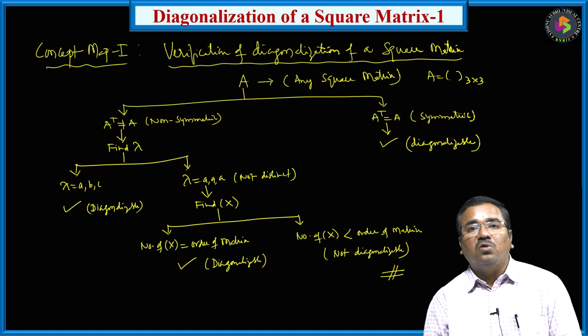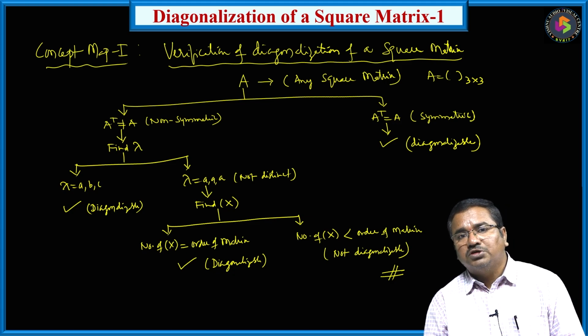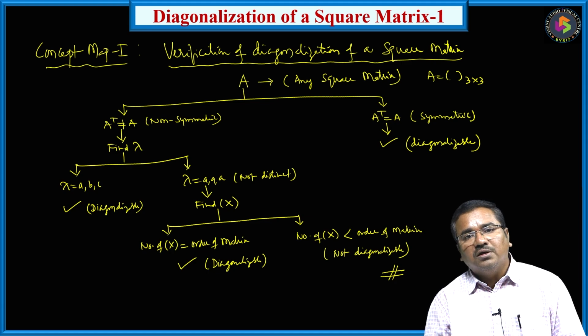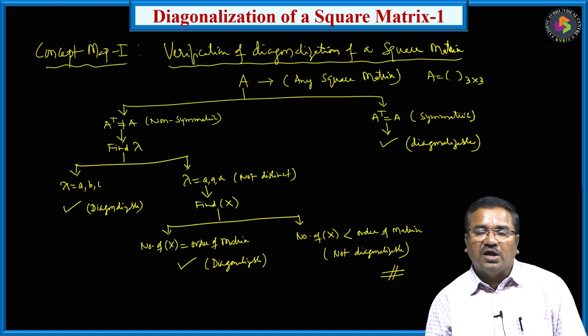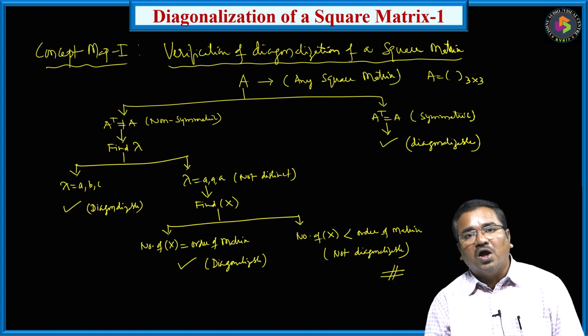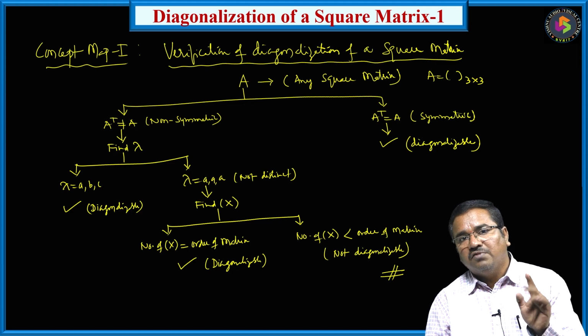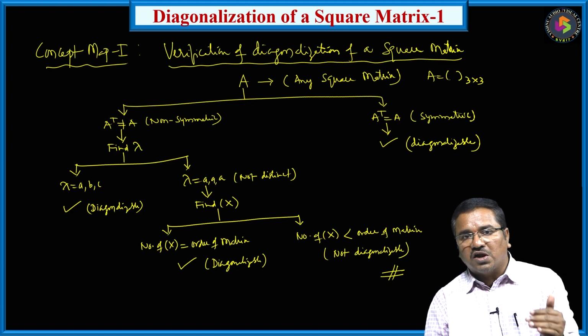How will we conclude? We need to compute the furthermore step: we have to find eigenvectors. After calculating the eigenvectors, look at how many you got and compare with the order of the matrix. If the number of eigenvectors is equal to the order of the matrix, the matrix is diagonalizable.